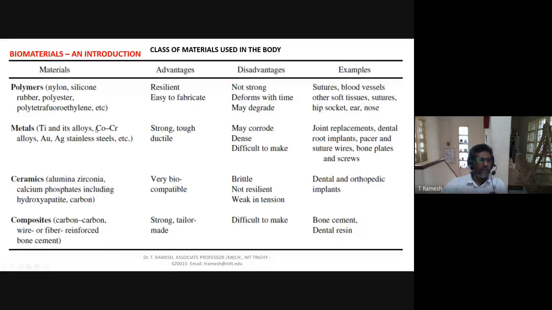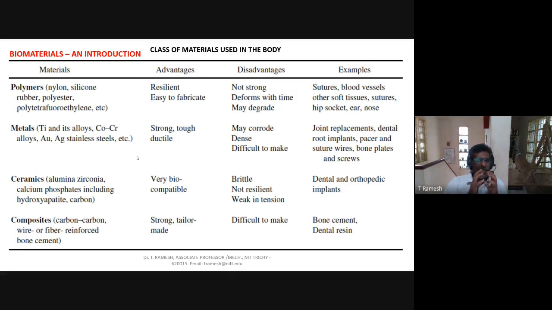Bone has roughly 100 MPa, but the metals have 450 to 600, even 700 MPa. Because of mismatched material properties, one such drawback is stress shielding. People will feel pain when different kinds of materials are used.